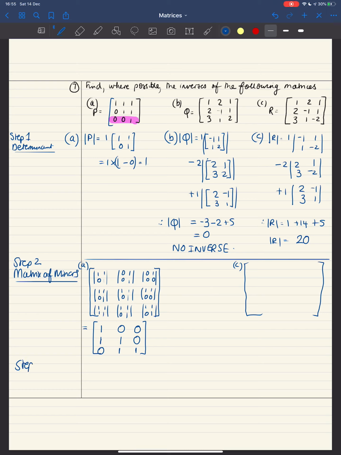So then step 3, you do the matrix of cofactors. And the difference here is you change the sign of these ones here. That's what you do in this step.